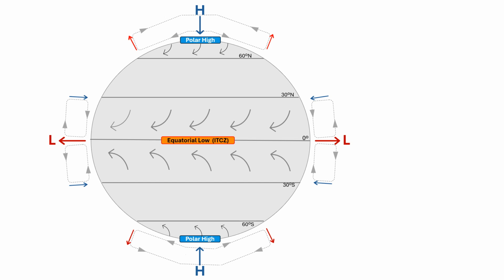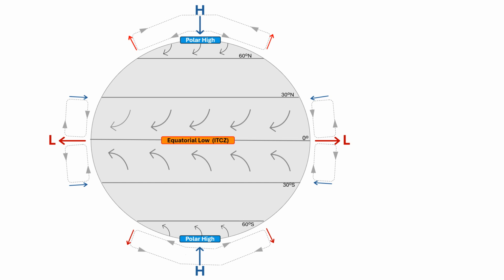As that air moves on its way up towards the poles, it becomes colder. And around 30 degrees north and 30 degrees south, it becomes so cold that it's dense enough that it starts to sink. So we get some widespread sinking air right at about 30 degrees north and south. And then once it gets down to the surface, some of it is going to start moving back towards the equator.